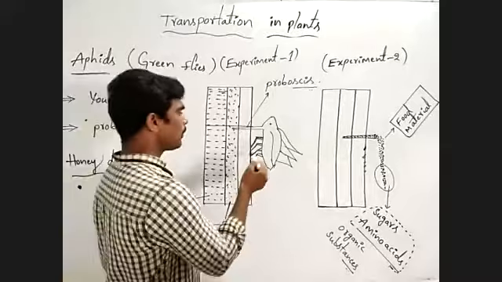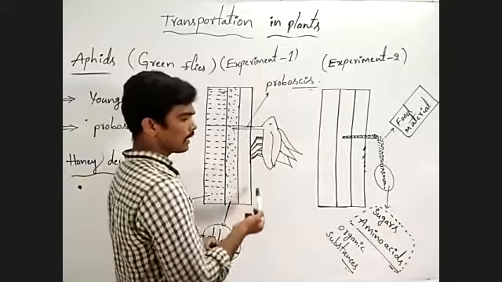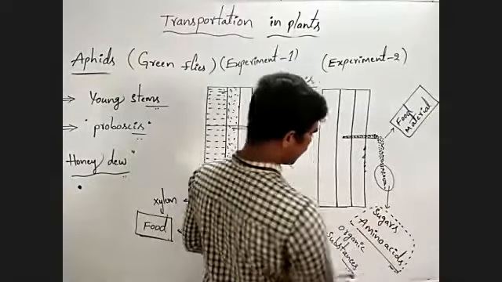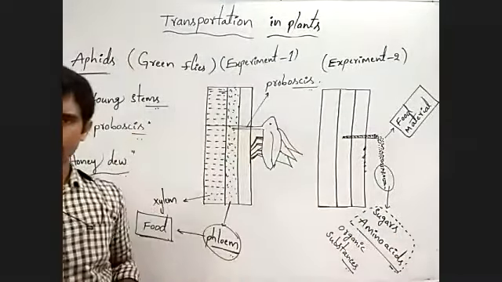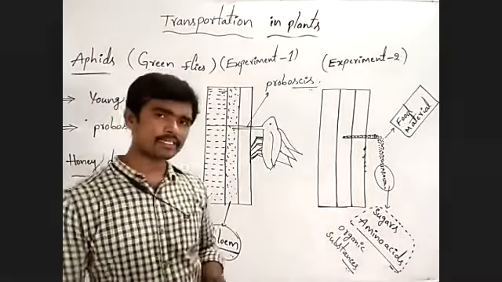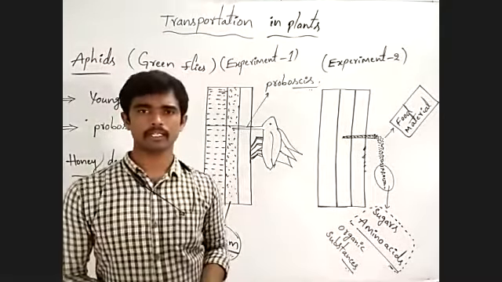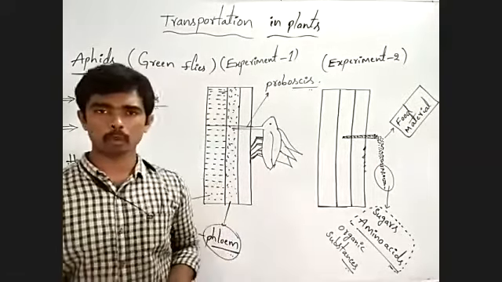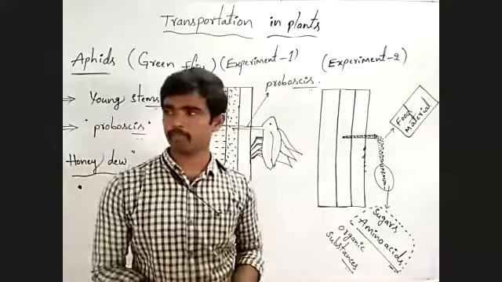When aphids absorb food material containing high nutrients, they cannot digest it completely. They use only a small portion of the absorbed food material.